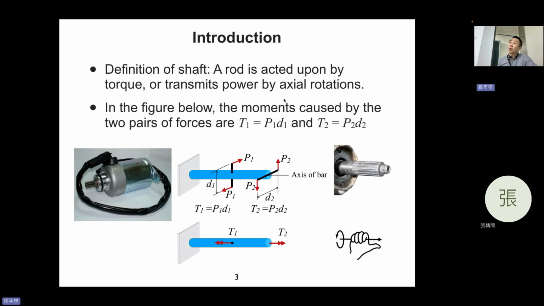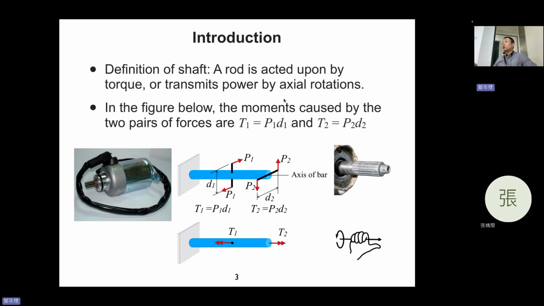The shaft is typically something linked to your engine or motor. The motor or engine will rotate and make the shaft rotate, and the wheel is put on the ground.